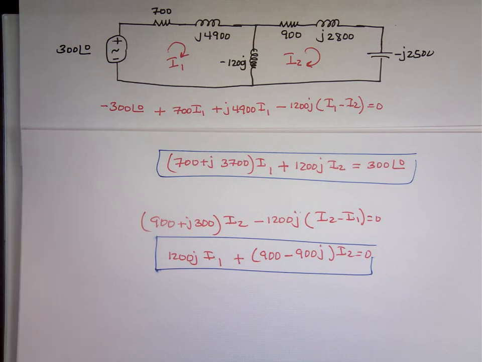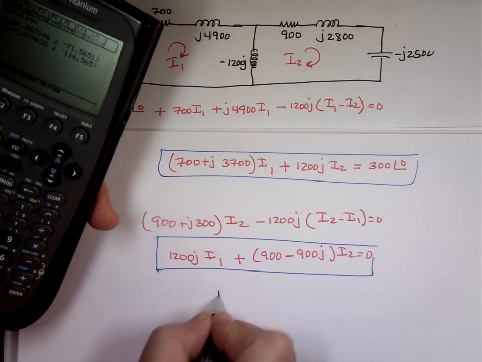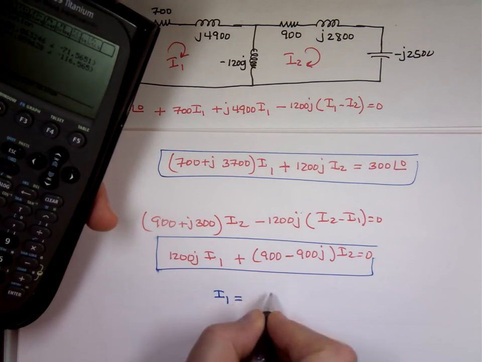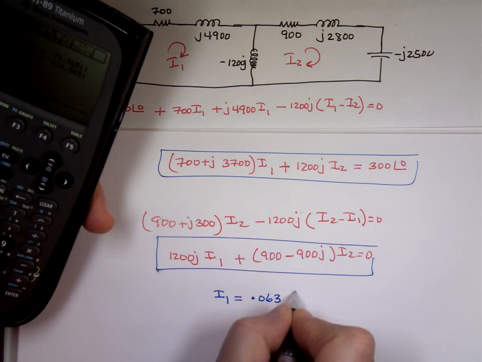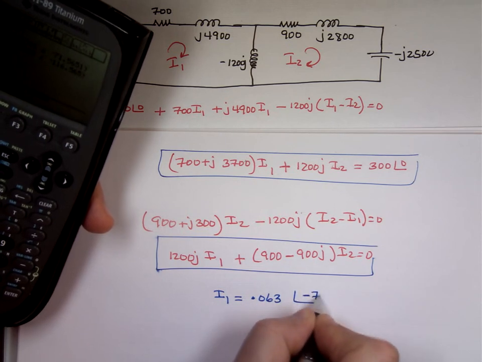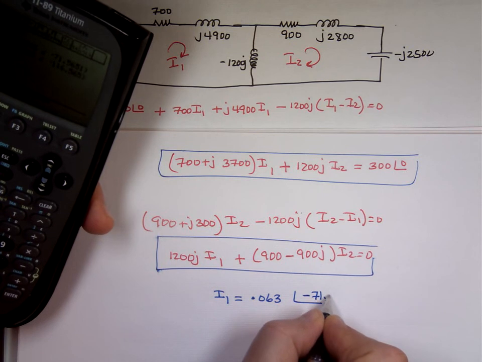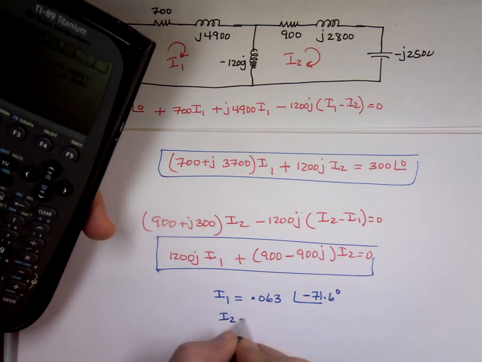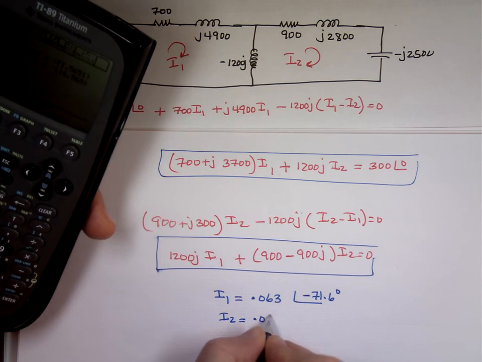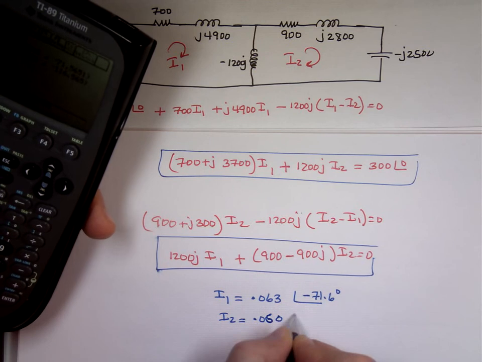Here's what I got. I sub 1 equals 0.063, angle negative 71.6 degrees, and I sub 2 equals 0.059 or 0.60, but the angle is different, negative 116.6.